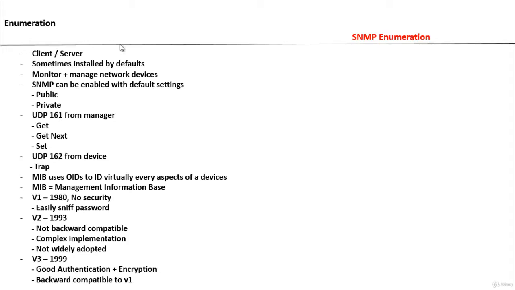It's called a trap. Trap uses UDP port 162. The manager sends requests to port number 162. It uses messages like get, get next and set.